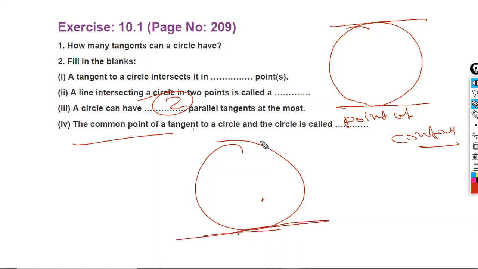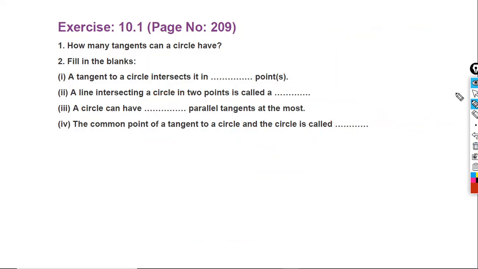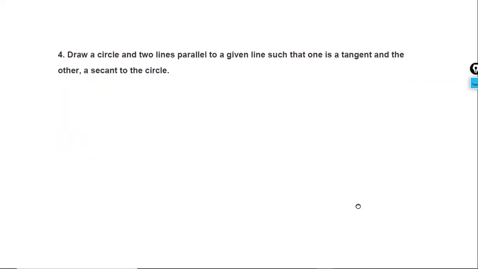Suppose this is the tangent to the circle. The common point of this circle and tangent, suppose this point. What is this? This is called the point of contact. Okay. Now we'll move to exercise 10.1, question number 3.